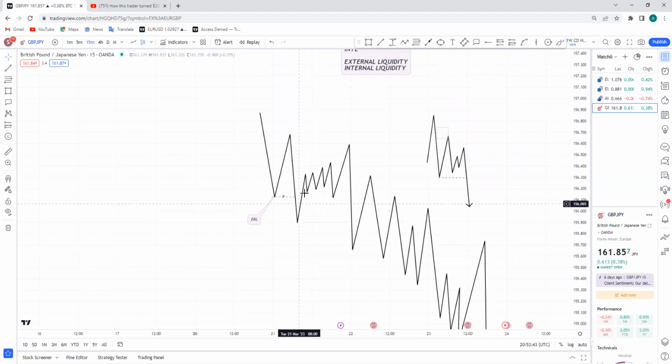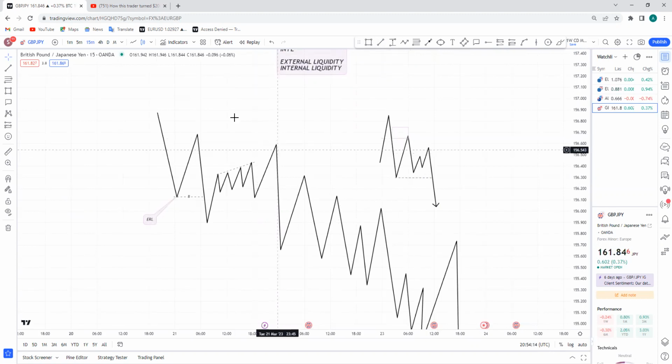Then the internal liquidity are the liquidity like any high after this break of structure, either inside or I'll draw another structure to explain this, or any other form of liquidity that you have inside your internal structure. Any other liquidity you have inside the internal structure is known as the internal liquidity.